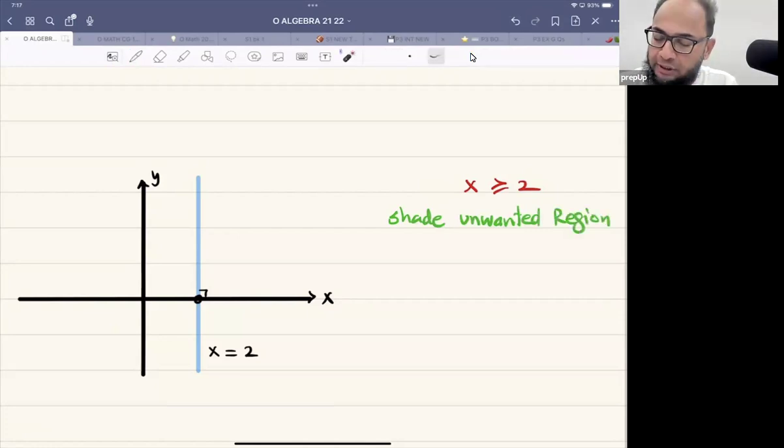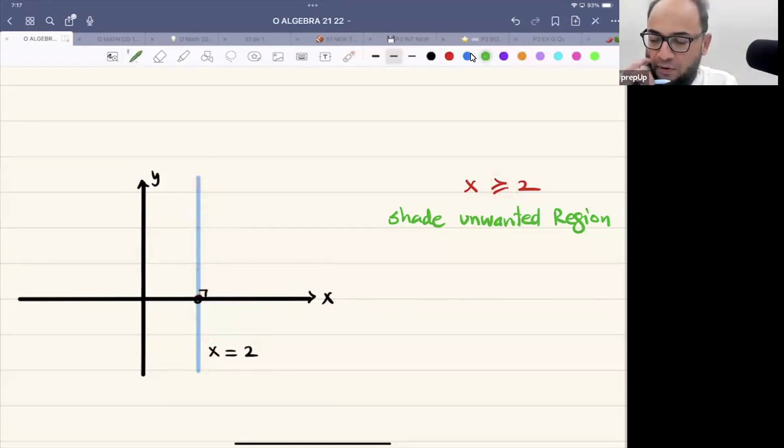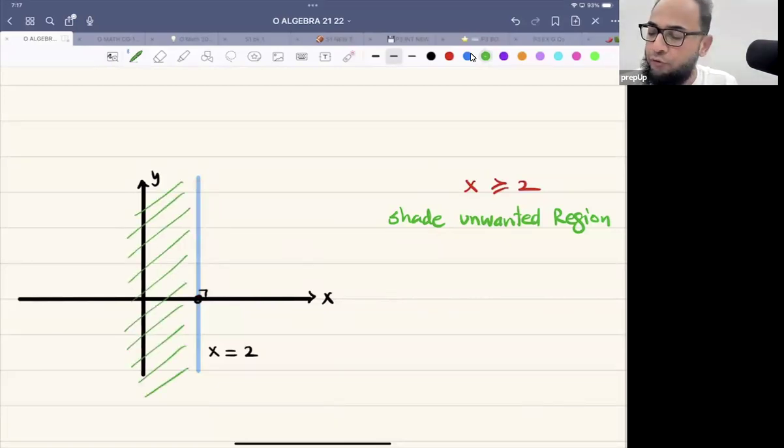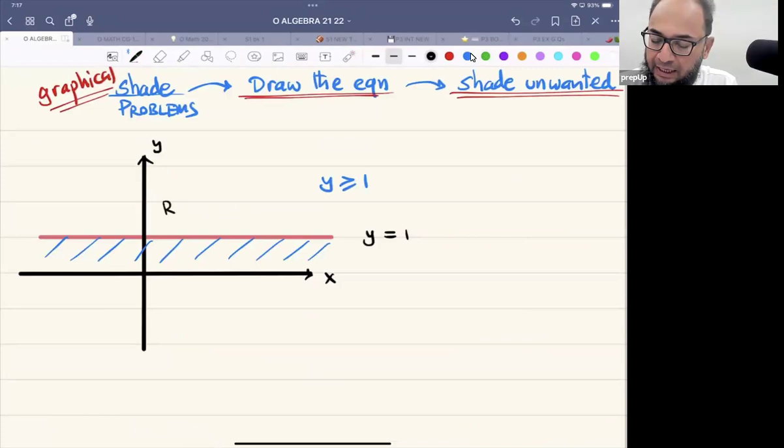Now all along this line x is equals to 2, on the right it's greater, on the left it's lesser. So therefore, I am interested in shading the unwanted region, and this one is the required region. Similarly, over here, this one is the required region.